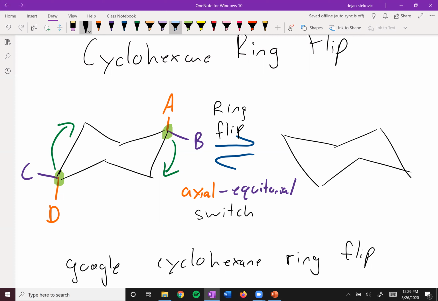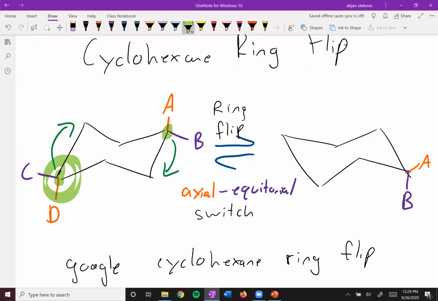And so this carbon back here is now this carbon up here, and this axial A now becomes an equatorial A. And the equatorial B becomes the axial B.